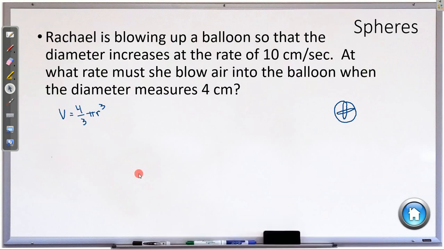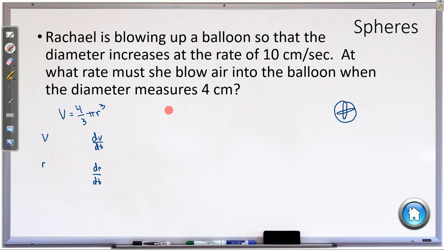So when we take our volume formula and list out our variables, we only have V and r. Is the volume changing? Yes, it is. dV/dt. Is the radius changing as you blow up the balloon? Yes, it is. You have dr/dt. So this one's going to be easier because we have fewer variables. We only have V and r. This one's going to be quite a bit easier.